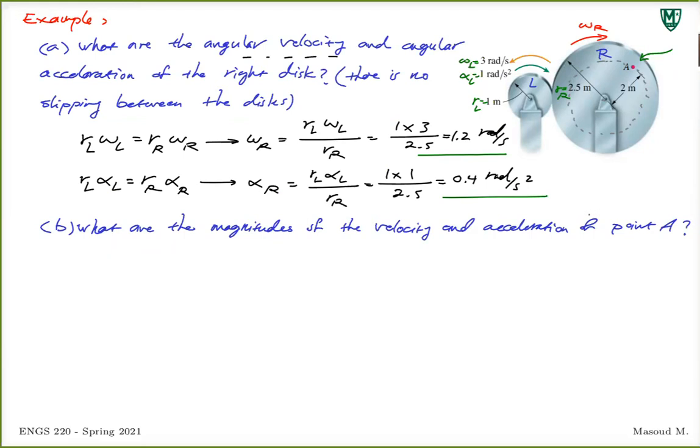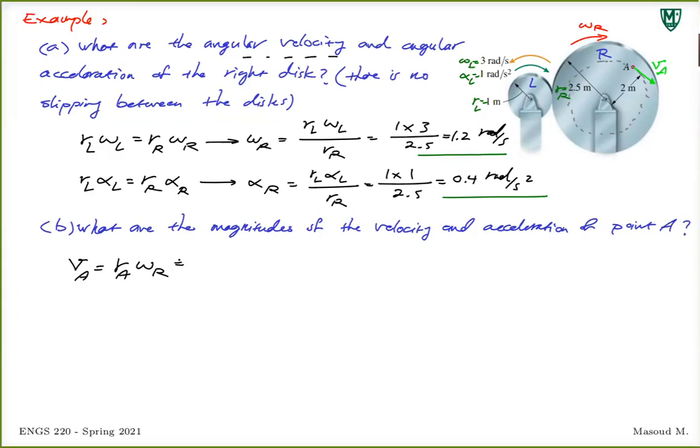So V, if you think about it this way, would be tangential to the path. This is going to be your VA. And your VA is RA omega of the disk, because it's rotating with the disk.